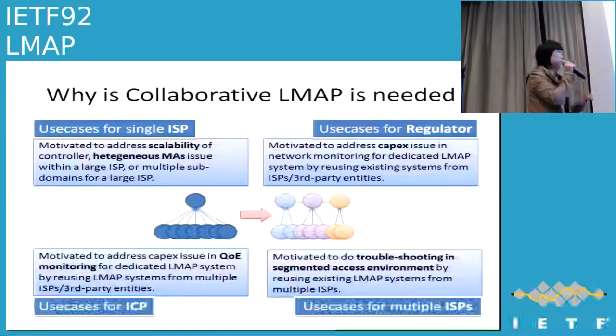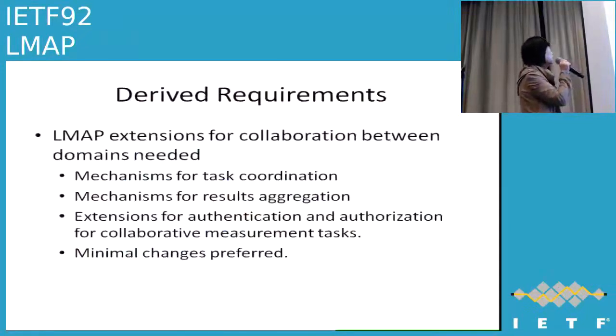From these use cases and motivations, we conclude that Lmap may need some extension for collaboration between domains. Basically, we have 4 requirements listed here. One, we may need some mechanism for task coordination.